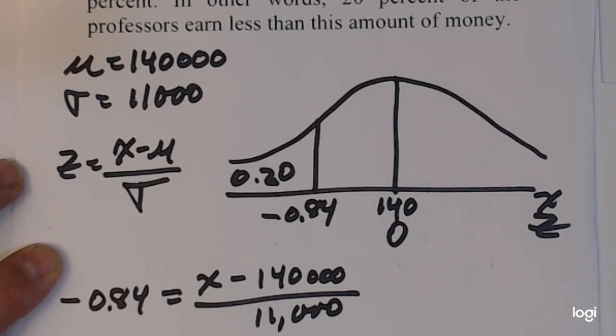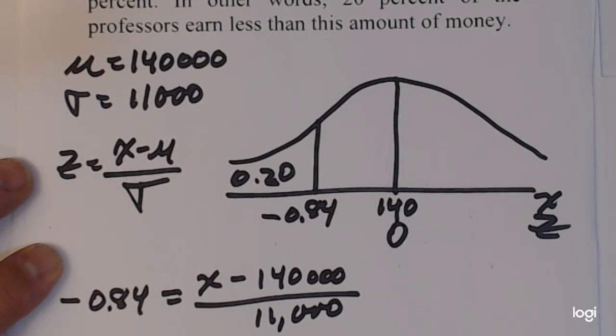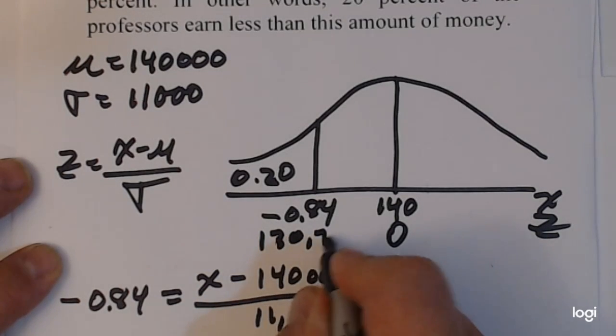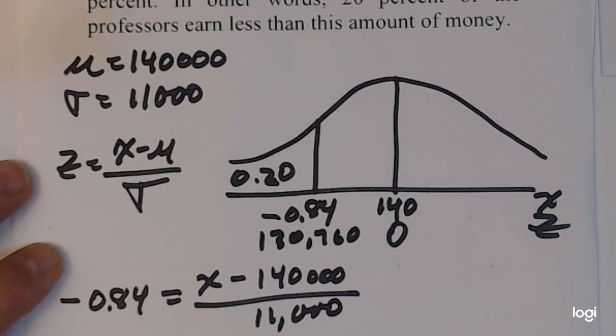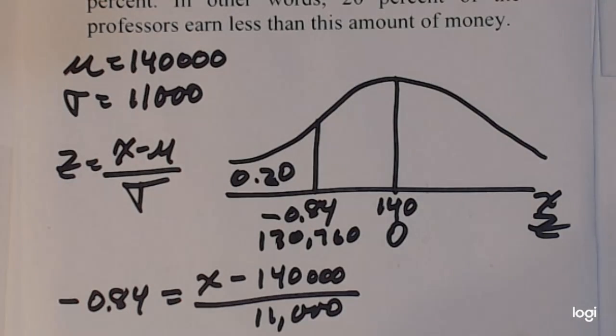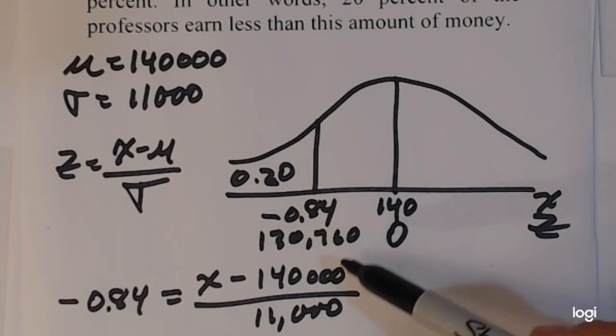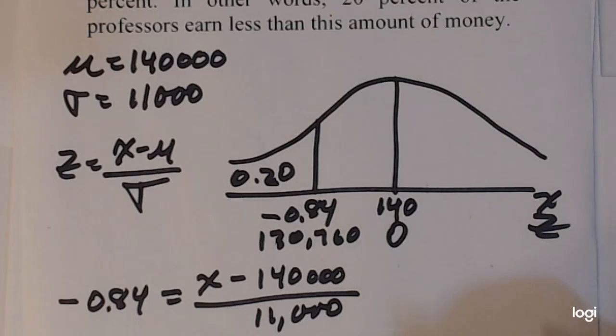So X, if we add 140,000 to each side, is equal to 130,760. So the people at about the 20% mark earn $130,760 as college professors.